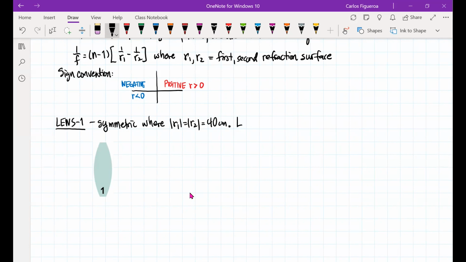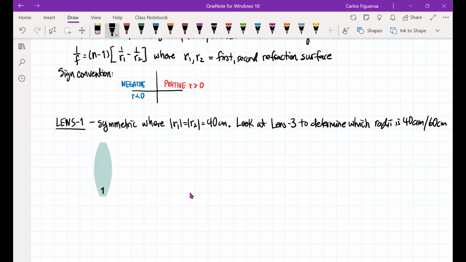We have to look at lens 3 to determine which radius is 40 centimeters or 60 centimeters.